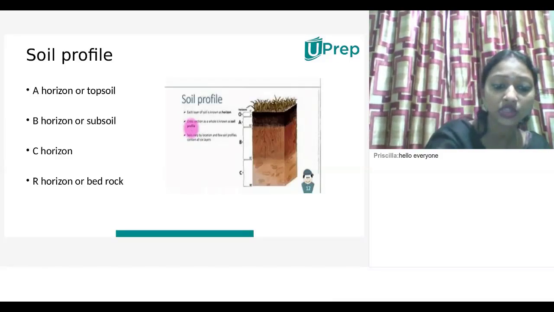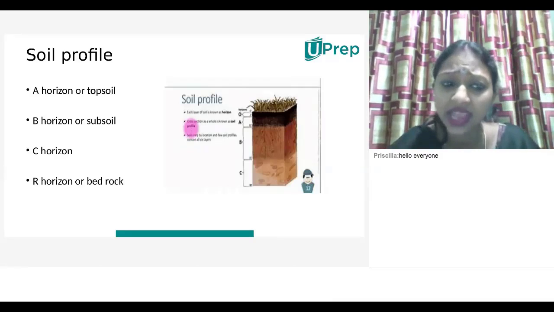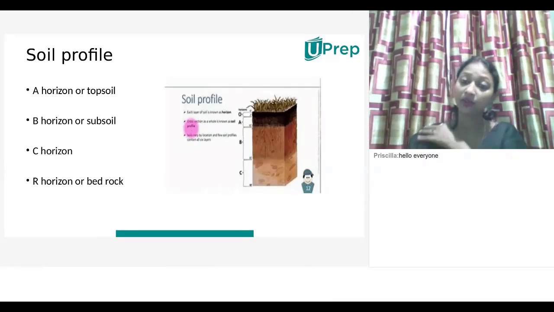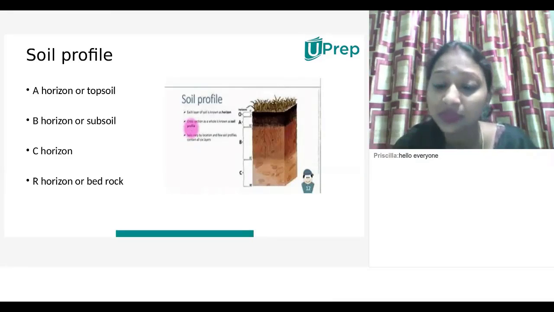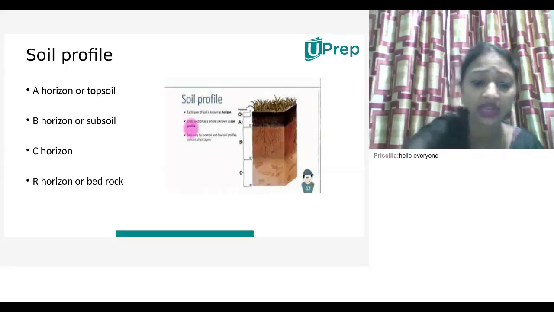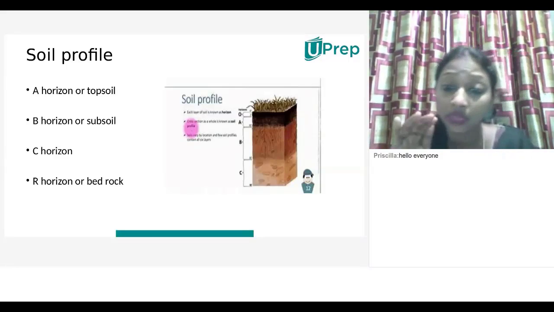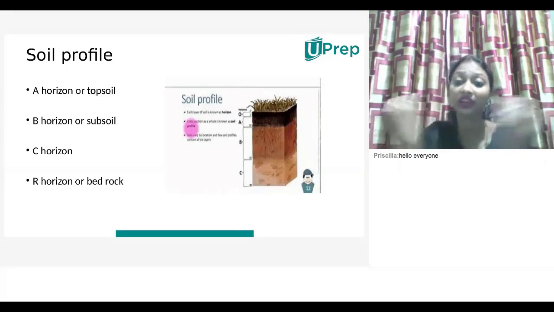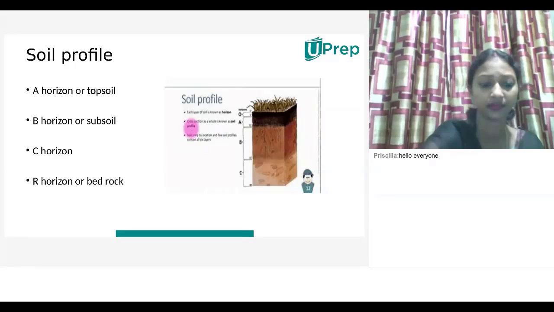The holding capacity of the topsoil is very strong. Why? Because the dead and decaying plants and animals are present on the surface of the soil, before penetrating inside. So the required minerals from that dead and decaying material are absorbed at the top layer. Only on the topsoil do we see all the greenery present. Right? Yes or no?